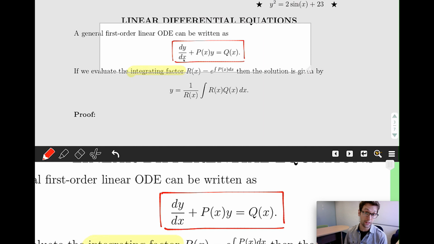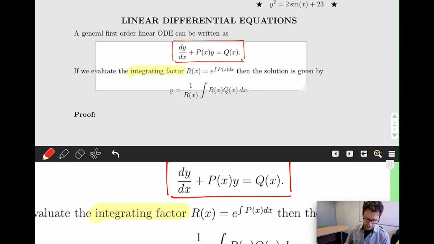Now they can have a complicated dependence on x, however, the dependent variable. In fact, I could have a complicated function p of x and a complicated function q of x appearing here on the right-hand side. So the method of solution here is basically to use something called an integrating factor, which is given by this expression here. r of x is equal to e to the integral p of x dx.